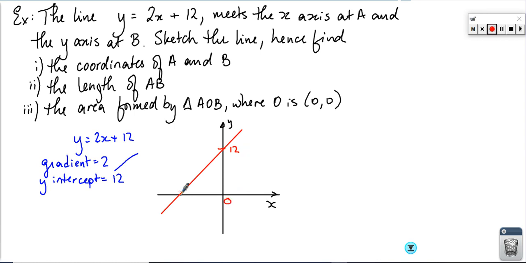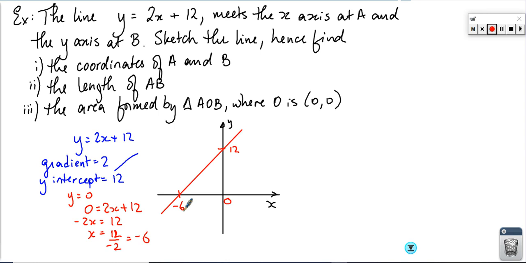This is the origin. We need to find this value, and we said to find that value, we place y is equal to 0 into that equation. So 0 equals 2x plus 12. So minus 2x equals 12. So x is 12 divided by minus 2, which is minus 6. So that's a value of minus 6.